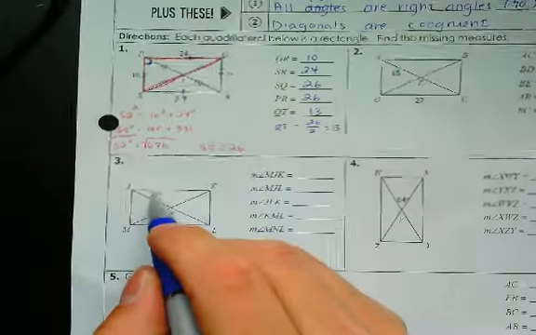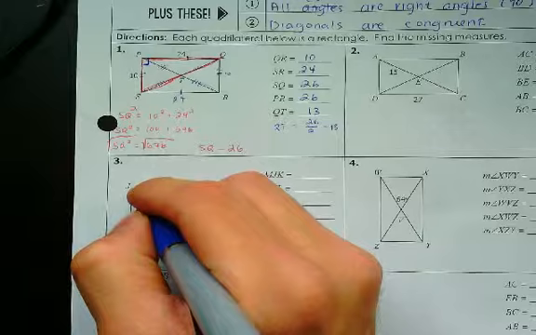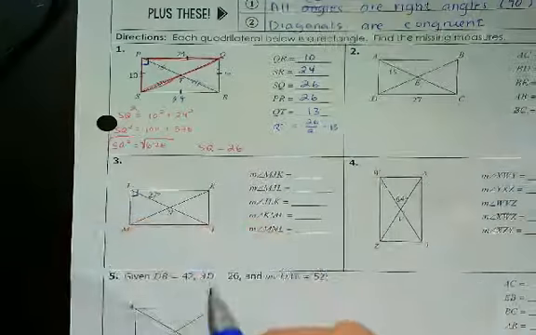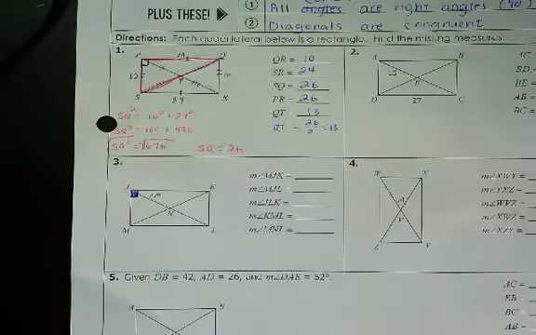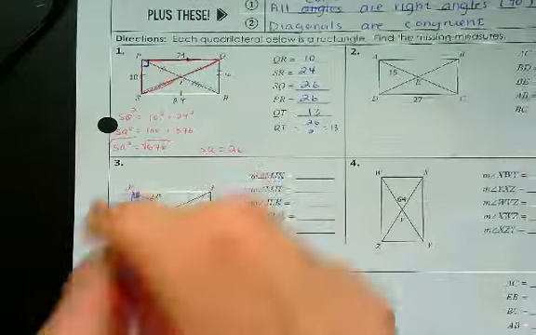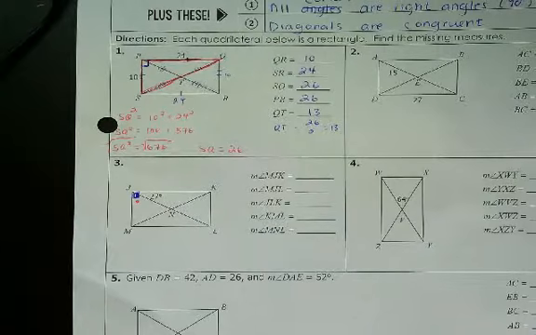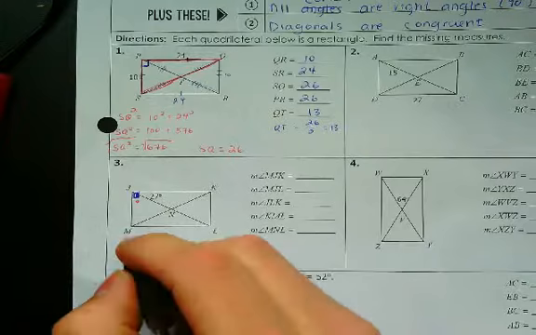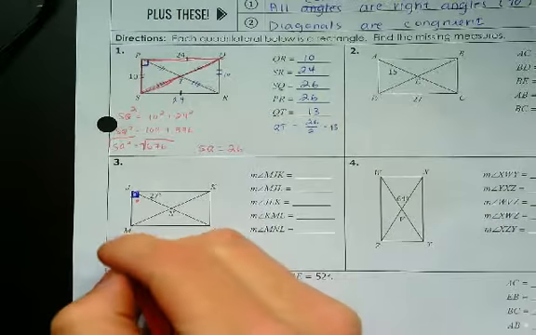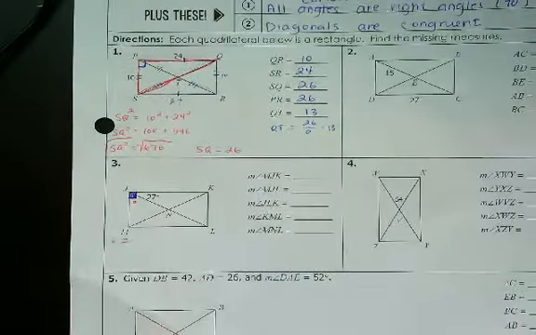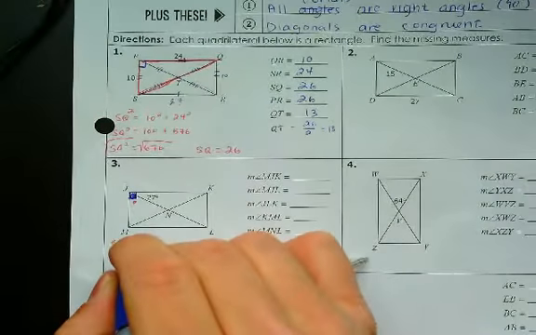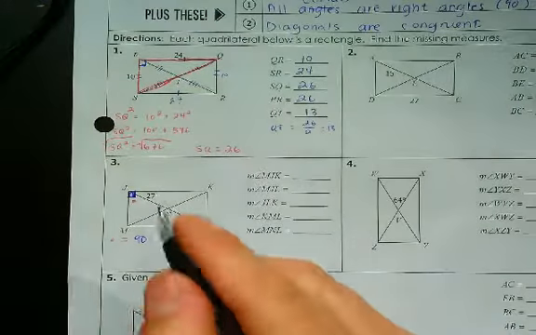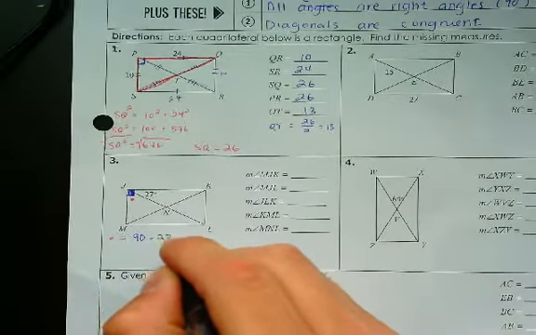The first thing that I look at in number 3 is this 27. Remember that all corners are 90 degrees. So, if I was to find this red dot right here, the red dot is equal to 90 minus 27.